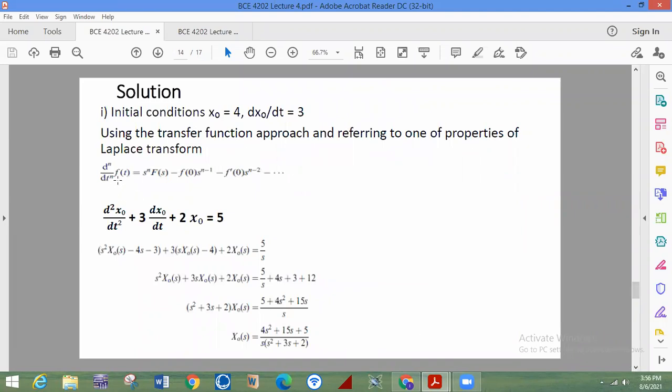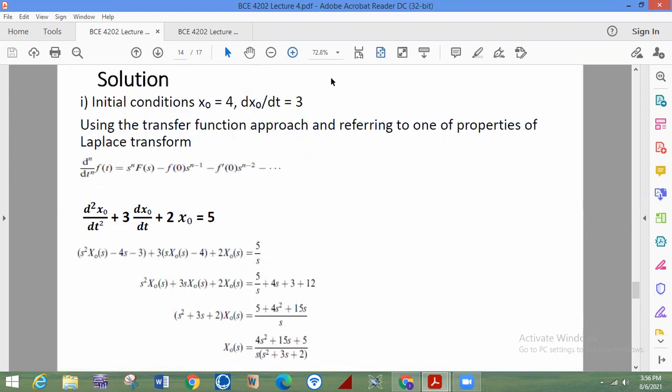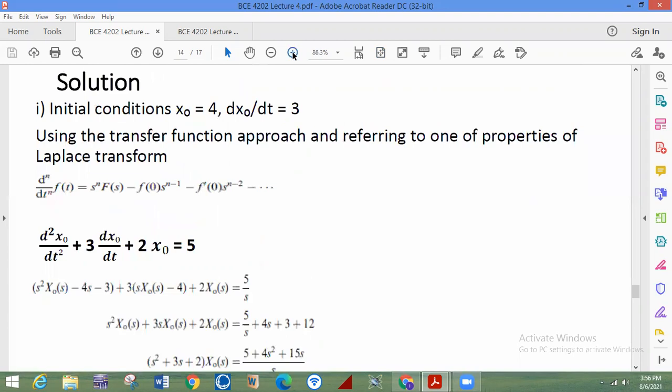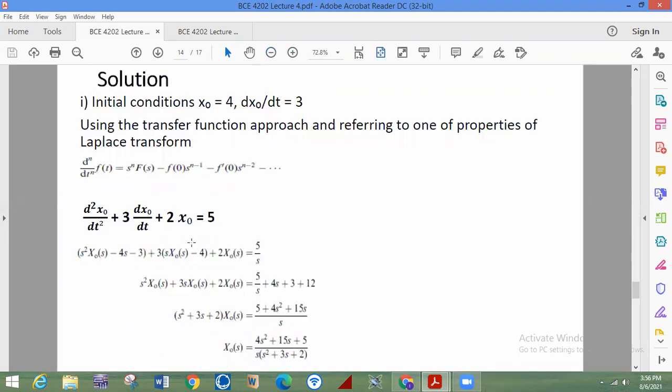Then it is stated here. Our differential equation is this. Okay, so let's focus on this. If I can increase a little bit on the font. Okay, now here the trick is how we are going to handle this problem: we are handling it term by term.